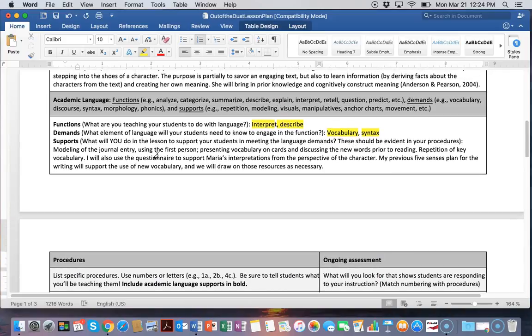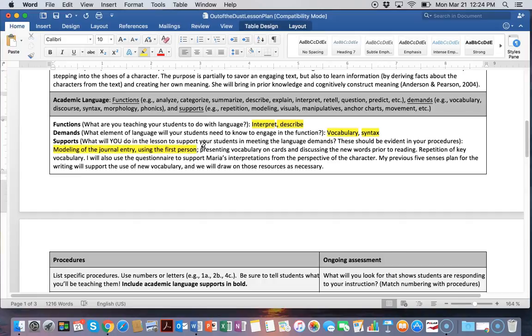So a primary academic language support that I think should be included in every single lesson or series of lessons is modeling, okay? So this tutor is modeling the journal entry, and she's modeling the use of the first person, okay?